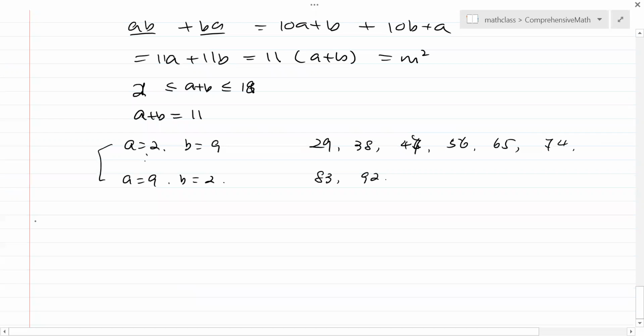Okay, another similar problem will be: find the two-digit numbers with the following property.